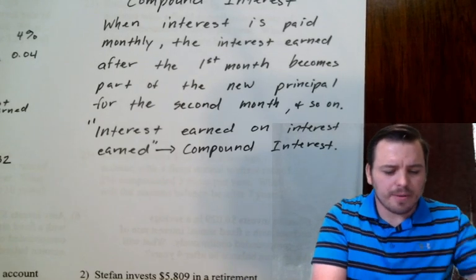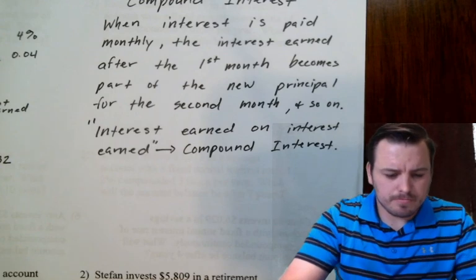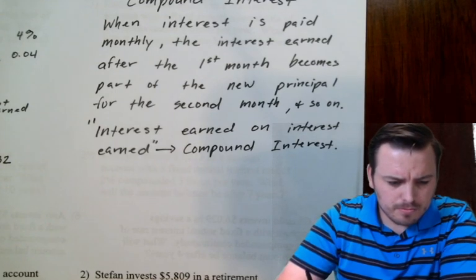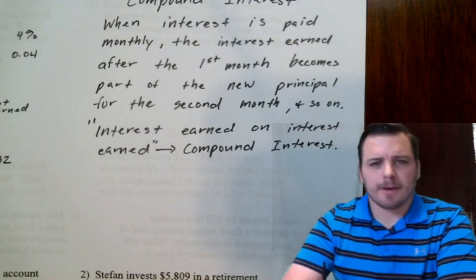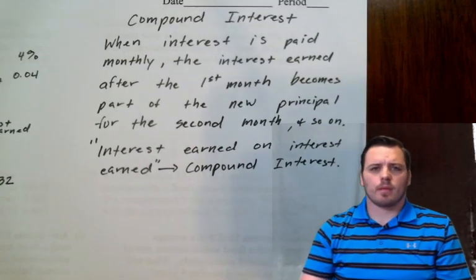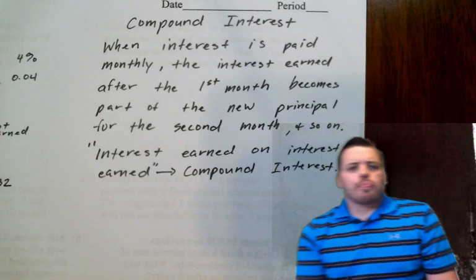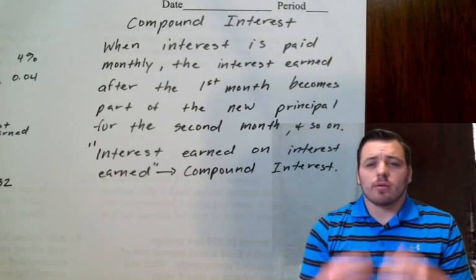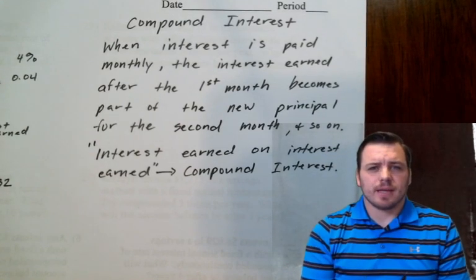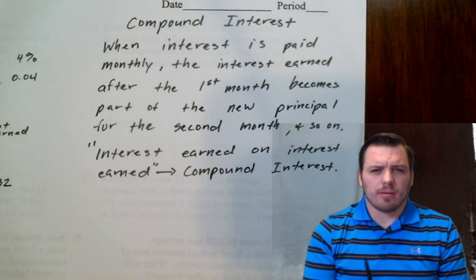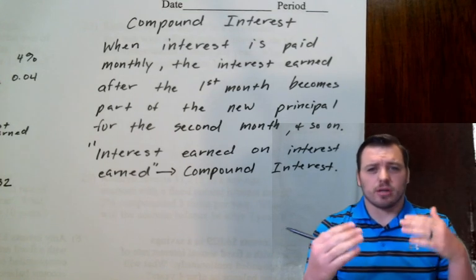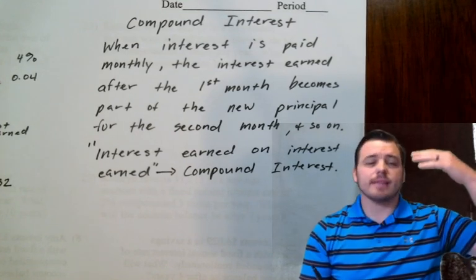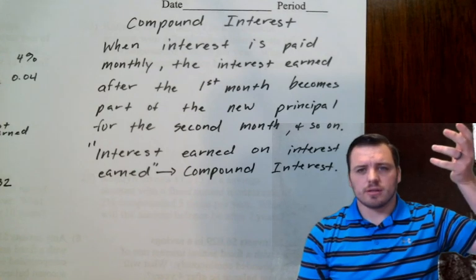That is compound interest. Okay. So when interest is paid monthly or yearly or quarterly, whenever it is, the interest earned after the first month becomes part of the new principal for the second month, and so on. Interest earned on interest earned. So you're making money off the interest that you've already earned.